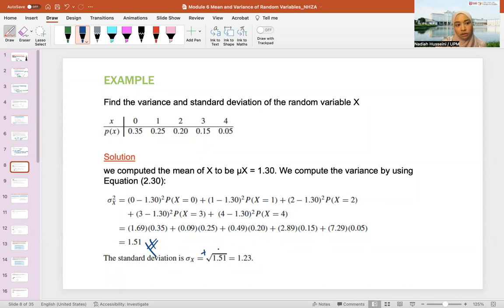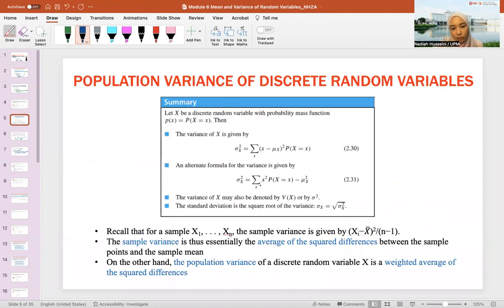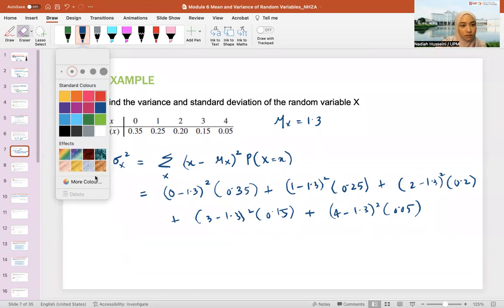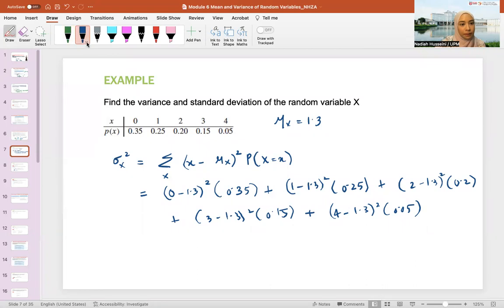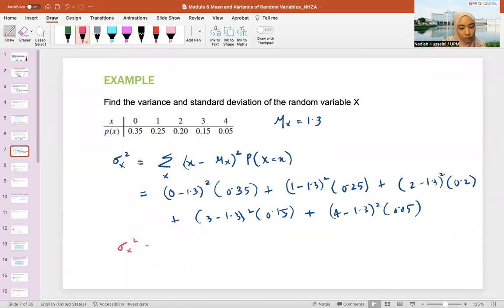So what if we wanted to use the second equation, or the alternate equation? The alternate equation is x squared times the probability, minus the mean squared. So let's do that. Is it going to be easier or harder?